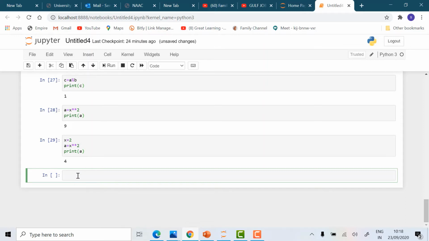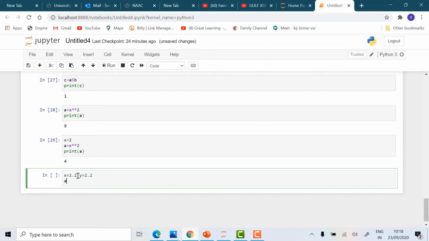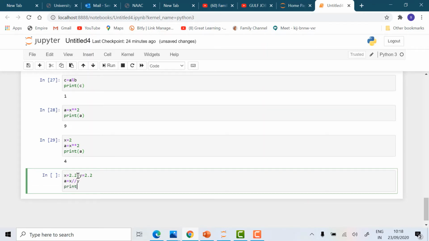Suppose you don't want decimal values, you want rounded-off floor values. So I take x is equal to 2.2, y is equal to 2.2, a is equal to x slash y, and print of a.